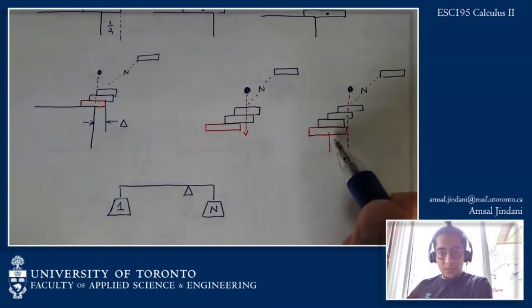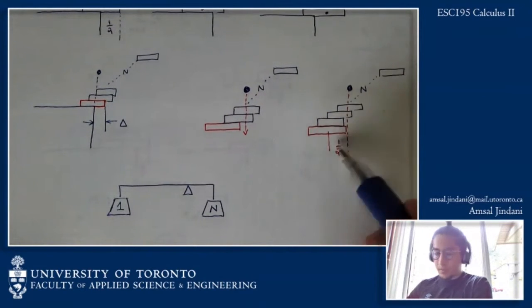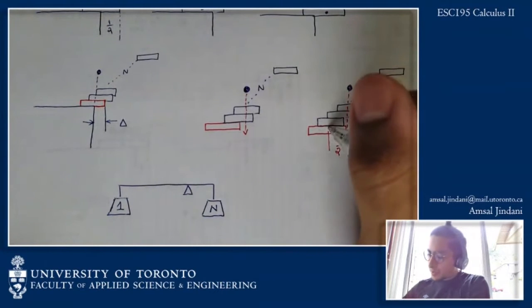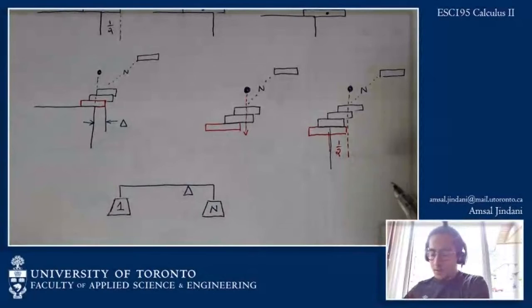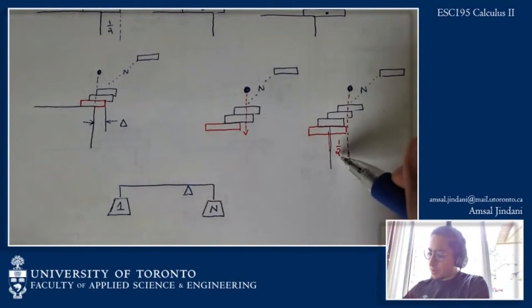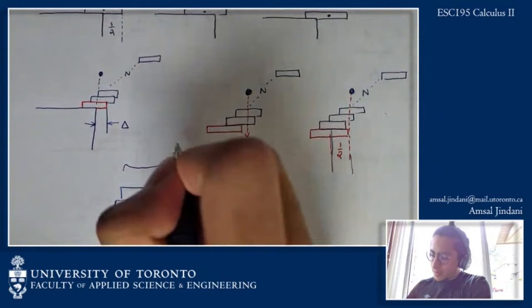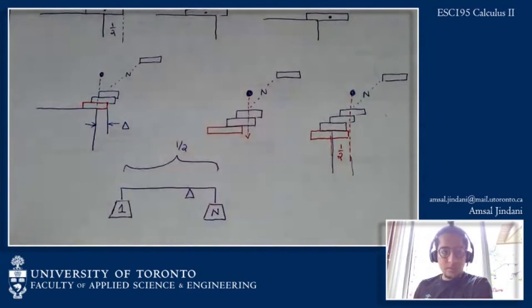It's kind of like what you're doing over here, trying to find the center of mass of the entire system. And you know the gap between the center of mass of the bottom block and the center of mass of the end blocks is 1/2. So this entire distance is 1/2.